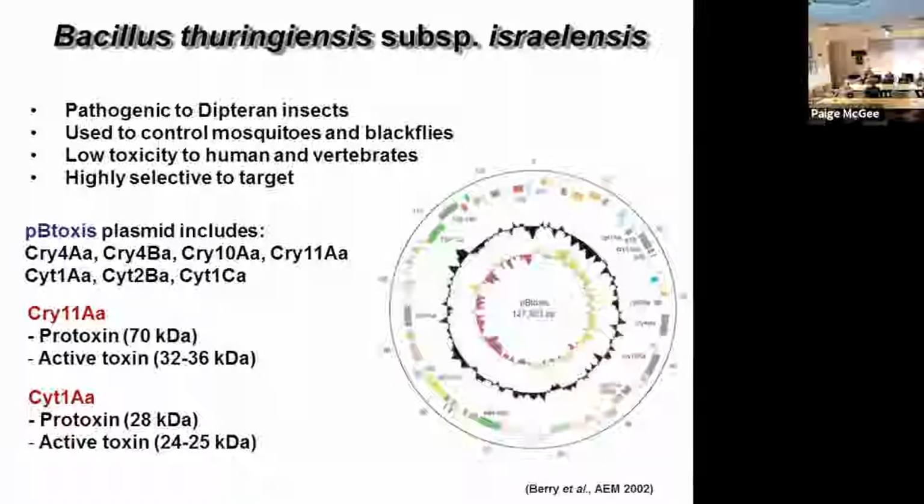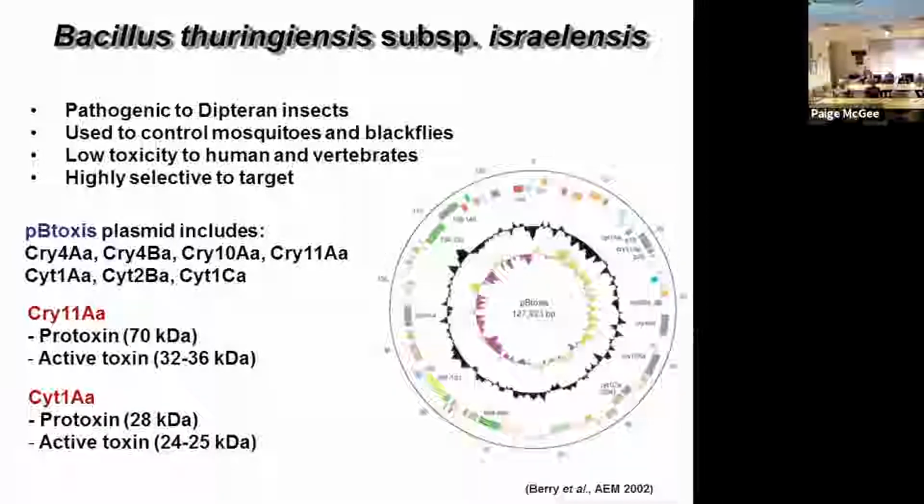Now, all 4 toxins that are produced in BTI are encoded on a large plasmid of approximately 128 kilobases. As you can see in the middle of the page, it's called pBtoxis. And it includes, as you can see, 7 different genes involved.